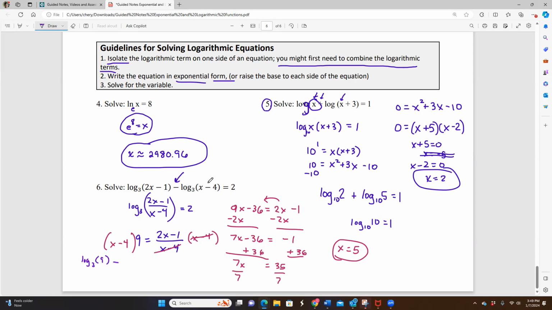And here, if I put in 5, I'd have 5 minus 4, so the log base 3 of 1, which should equal 2. Well, the log base 3 of 9 is 2, because 3 squared is 9. The log base 3 of 1 is 0. And 2 minus 0 does indeed equal 2, so it checks. And x equals 5 is our solution.